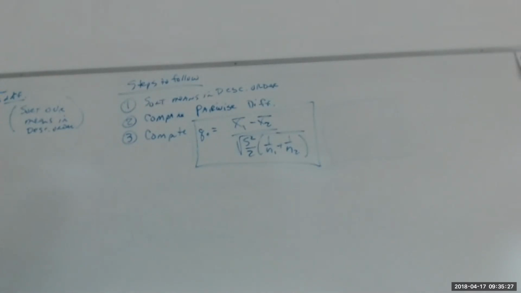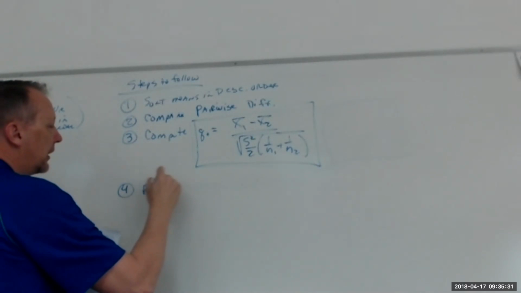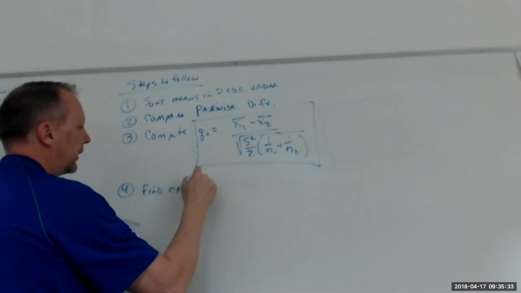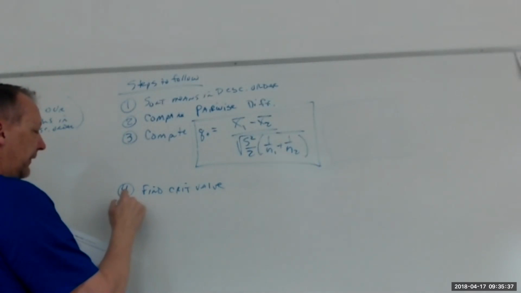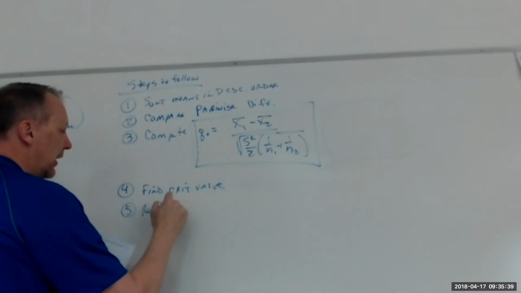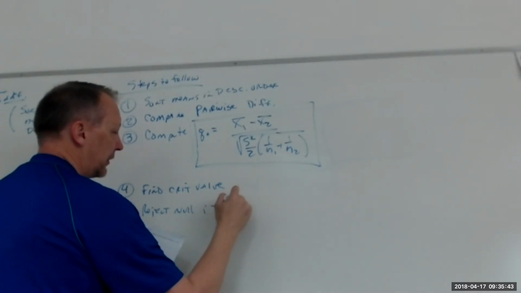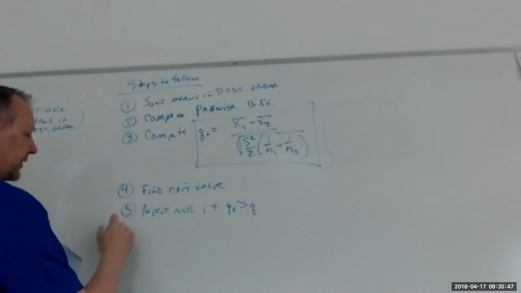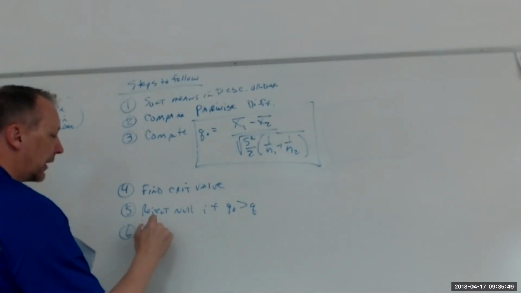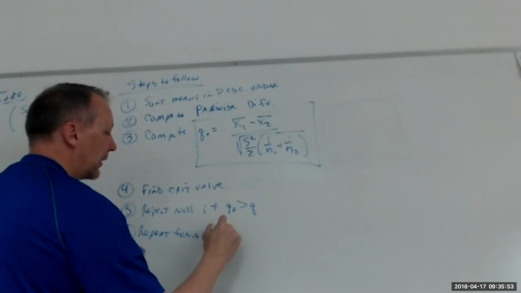Step 4 is to find the critical value, and I'll show you how to do that in just a minute. Step 5 is to reject the null if Q0 is greater than Q. And step 6 is repeat for all pairs.